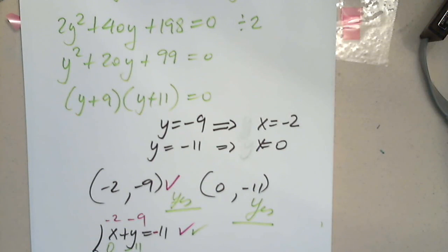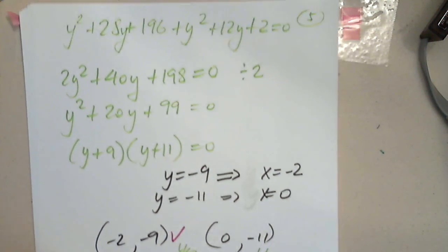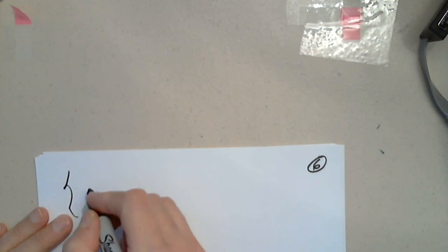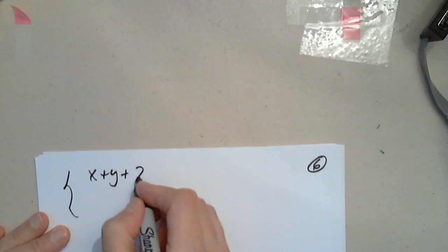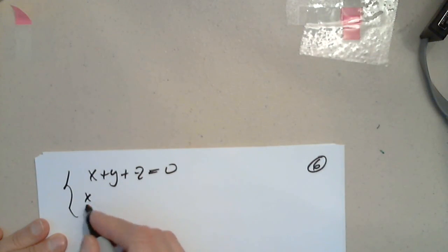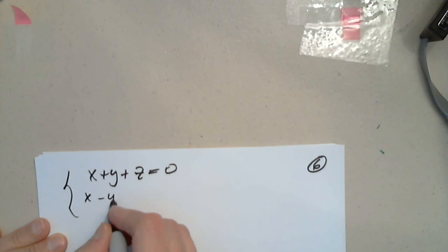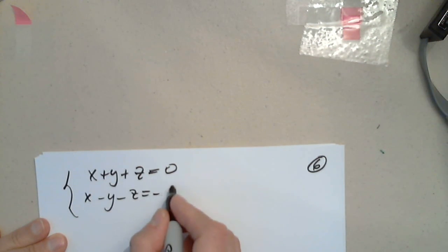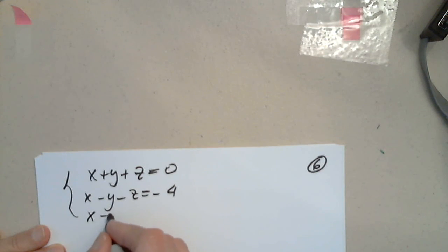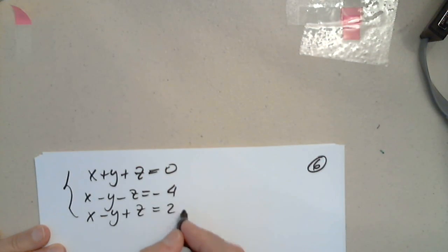Now can we do 23, which is a Gauss-Jordan system? Of course. 23, I see it. So we have x plus y plus z equals 0, x minus y minus z equals -4, and x minus y plus z equals 2.